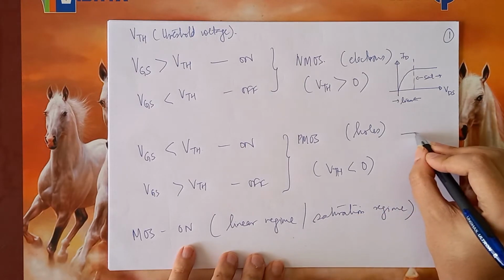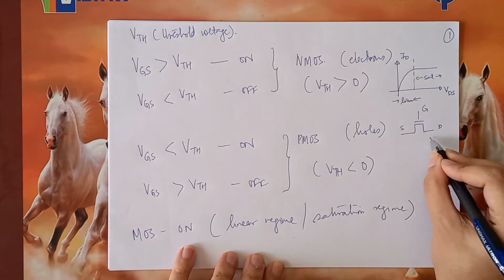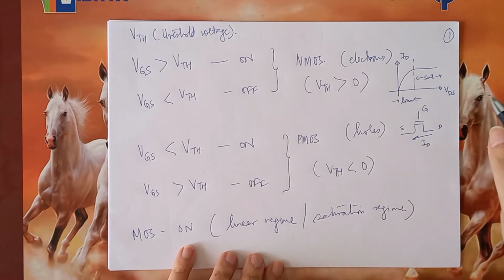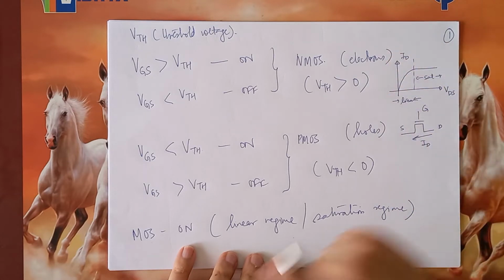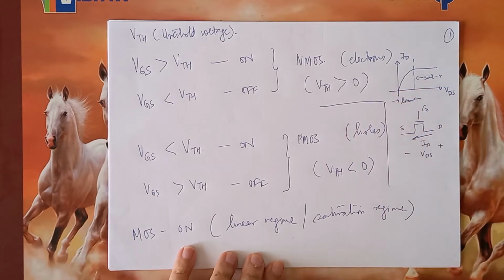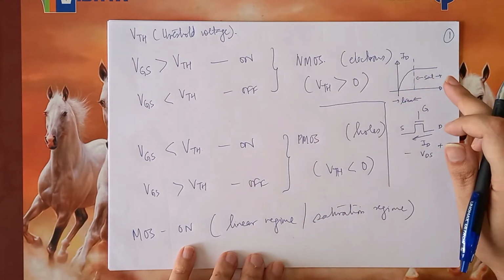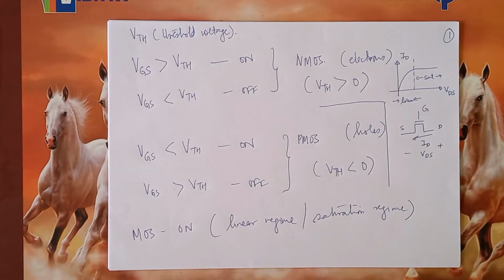If we have an NMOS, this is the drain, this is the source, this is the gate, and we are looking at the drain current. When I plot a graph of ID versus VDS, I'm still talking about an NMOS. Normally, any voltage current graph gives information about the resistance of the device between the two terminals in question.